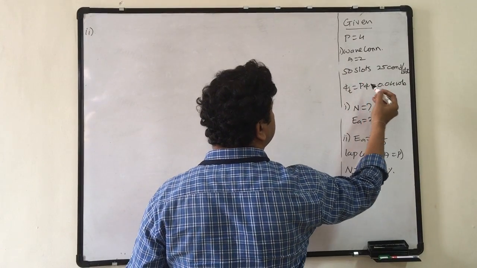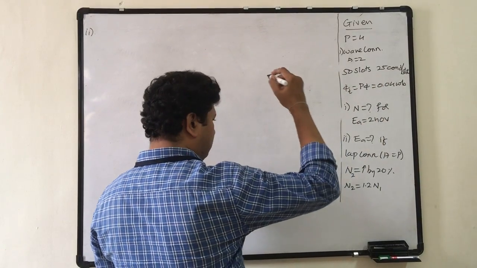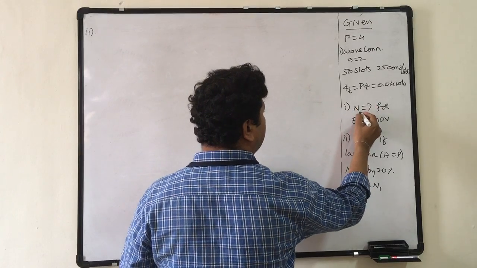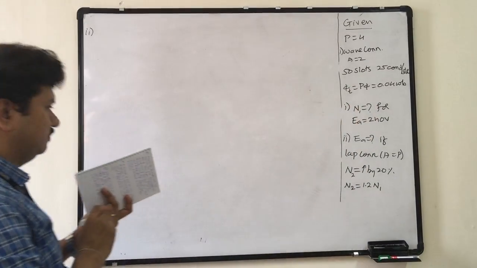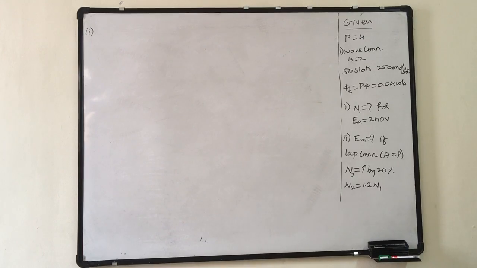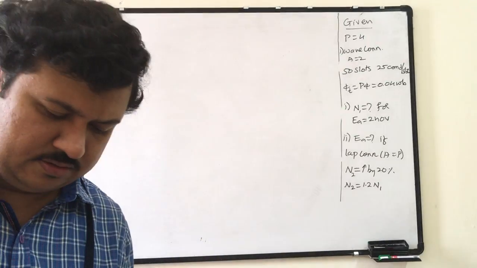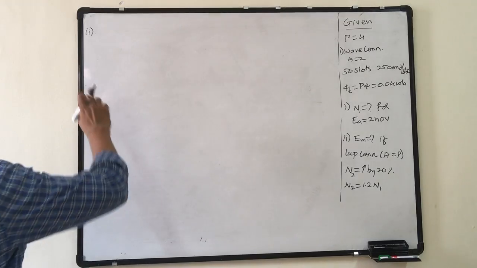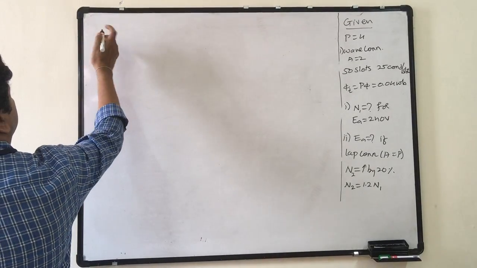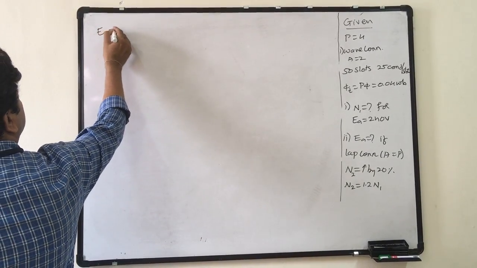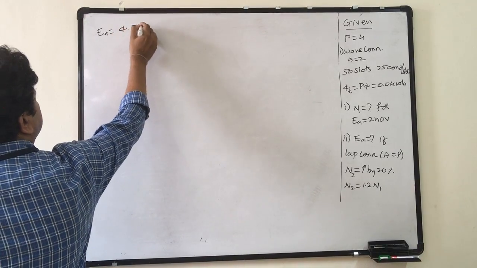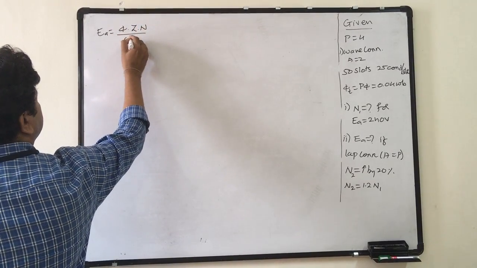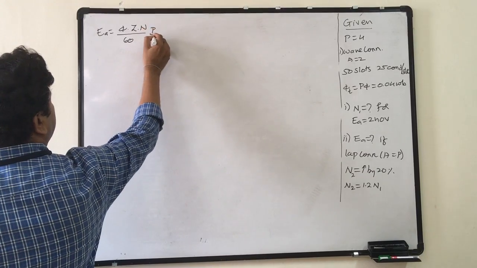Let us take this as N1. Now this I need to find out. Again the same EMF equation. EA is equals to phi Z N by 60 into P by A.